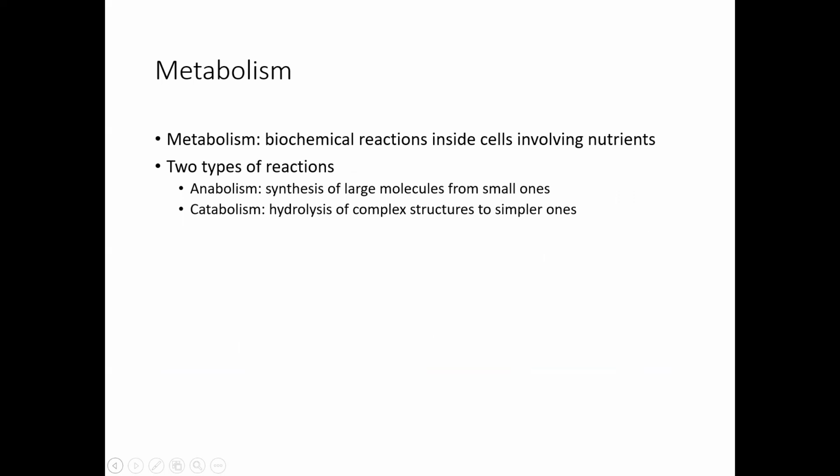Anabolic reactions are when we take little molecules and make big ones, like we take amino acids and make proteins. We take glucose and make glycogen with it. We take chopped up fats and make triglycerides with them. So anabolic reactions take little things and make big things out of them.